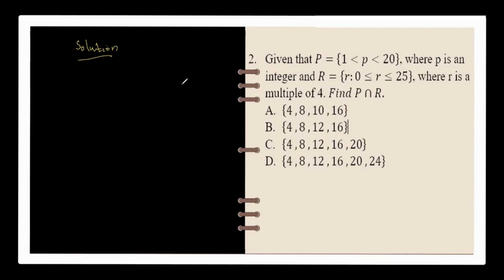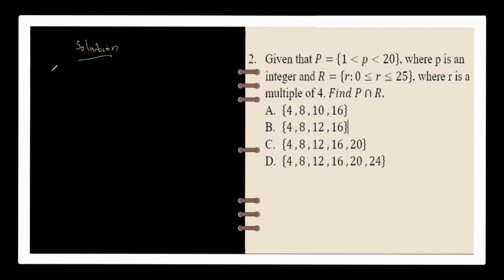Now that we understand the intervals that define set P and set R, let's look at what their elements would look like. We are going to bring out all the elements of P as well as the elements of R, and then find those elements that are common, which will give us the intersection.